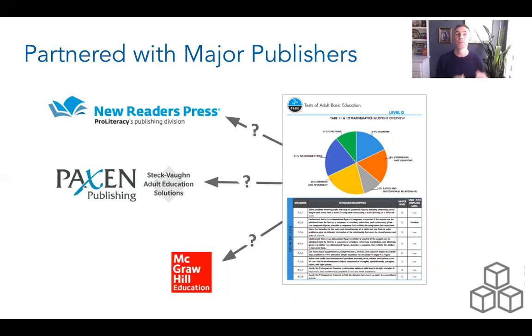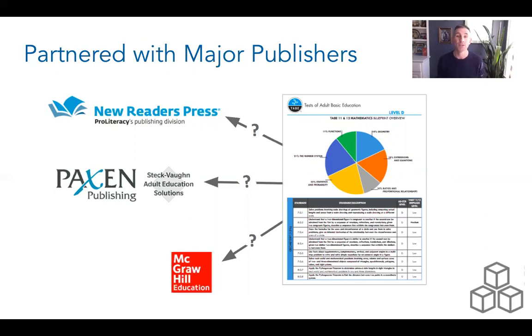Again, that's great, but those are all separate documents that you have to manage and look through to find what lessons are going to be helpful for this student who needs to work on this skill. By gathering their alignments, we've been able to upload those as well, so you can see exactly what lessons within the resources that you have access to align to the skills that you need to teach.